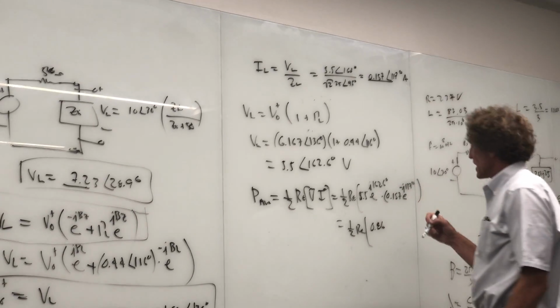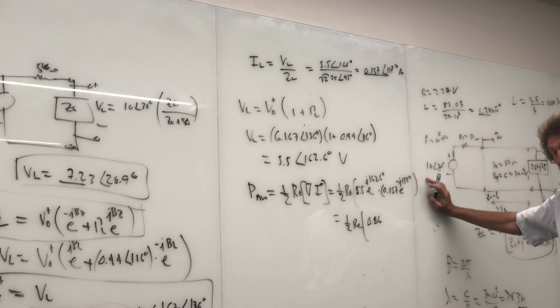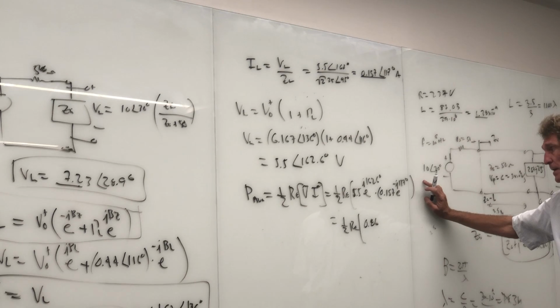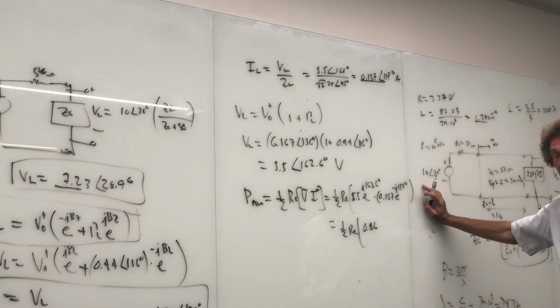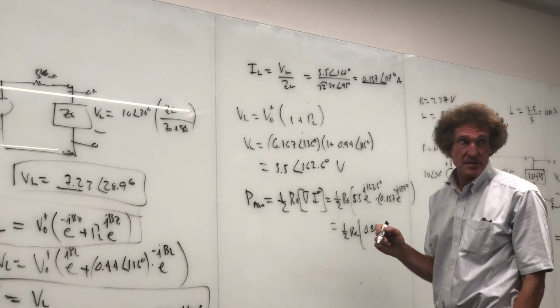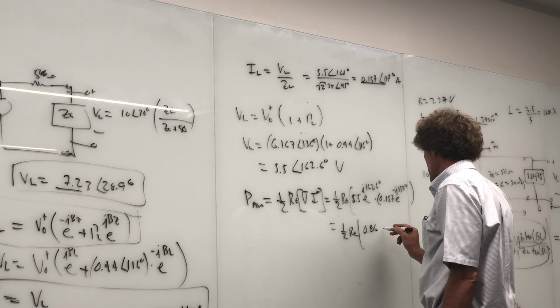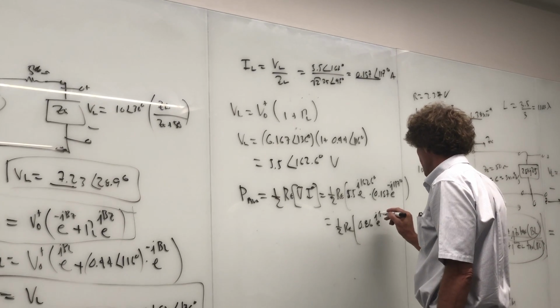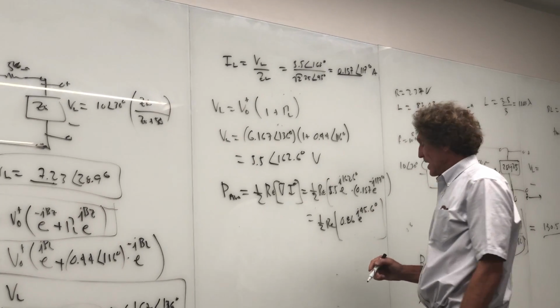And the angles you add, so you have 162 minus 117, right? And that's going to be 45.6 degrees. All right, so that's going to be at an angle, or e to the j 45.6 degrees. It's about 45, I think.